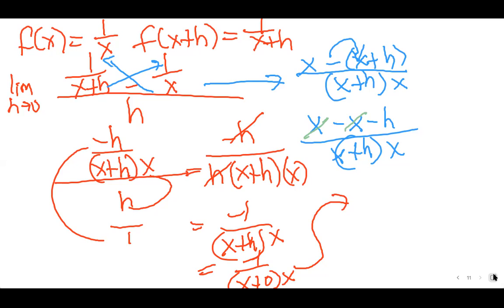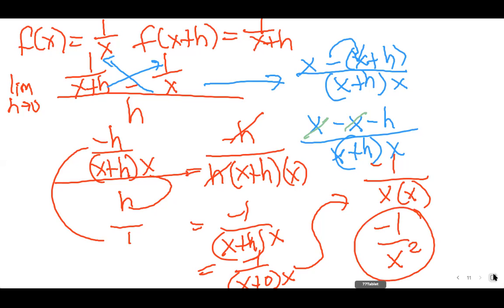Okay, so we will now put here, and then it will become negative 1 over x times x. Okay, and then what is x times x? So negative 1 over x squared. So this will be the derivative of 1 over x. We have negative 1 over x squared.